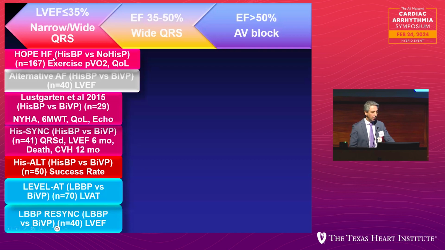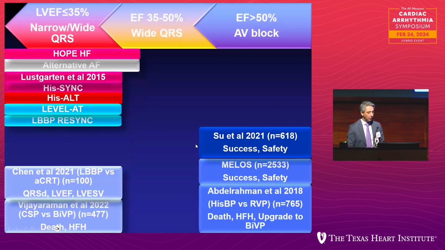But in general, the conclusion is that His bundle pacing is difficult to achieve. There is a high crossover rate when compared with biventricular pacing, and very good electrical resynchrony, but not sufficient follow-up to determine whether that results in improved outcomes.